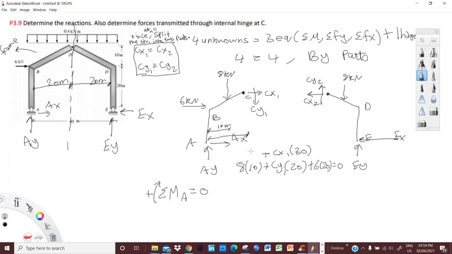So let's try to solve it: 30 Cx1 plus 20 Cy1 equals 8 times 10 plus 6 times 20, which gives negative 200. Okay, so let's erase these things.